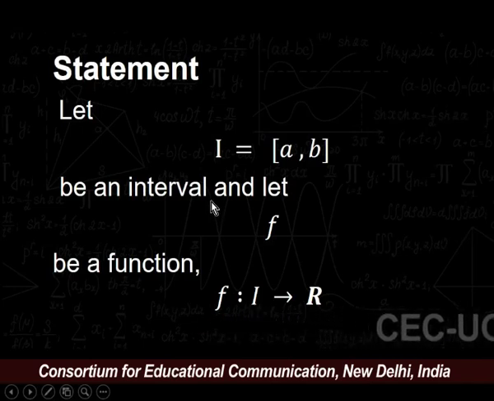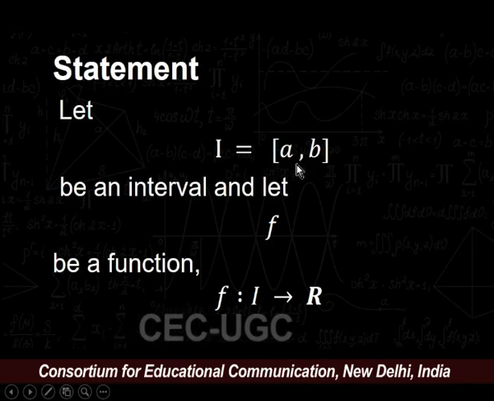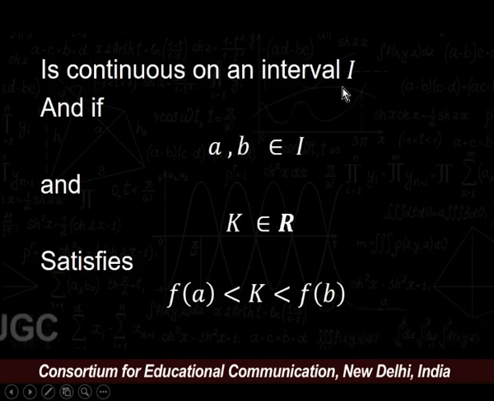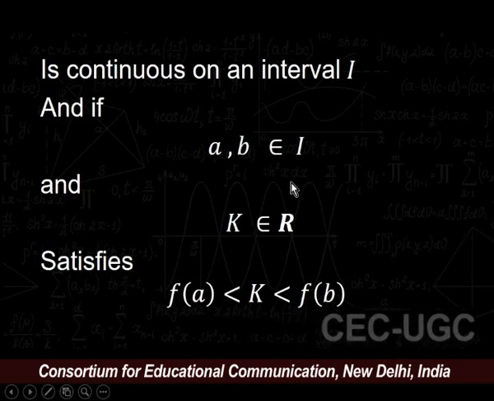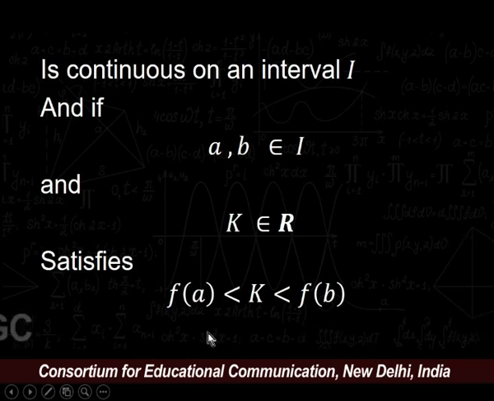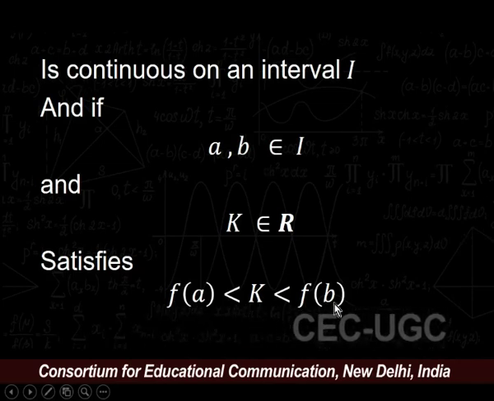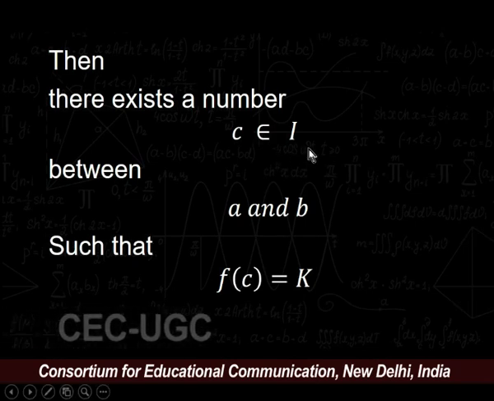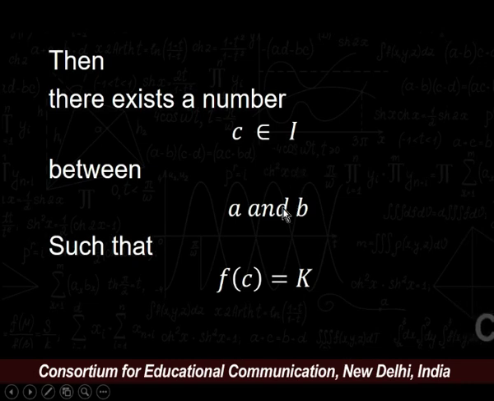It states that if we have an interval I equals a comma b and a function f defined from I to R which is continuous on that interval I, if a and b belong to the interval I with k being any real number satisfying the following inequality: f of a is strictly less than k and k is strictly less than f of b, then there exists a number c belonging to the interval I, defined as the closed interval a comma b, between a and b such that f of c must be equal to k.